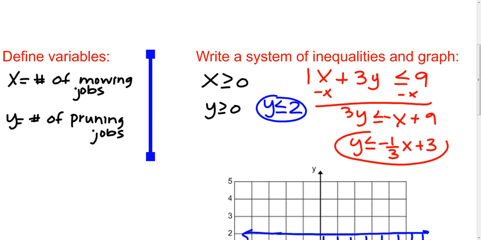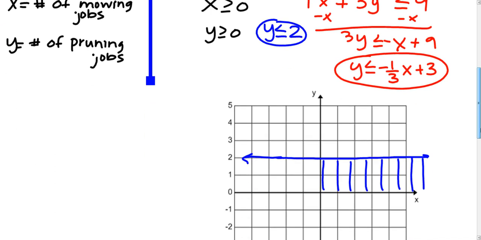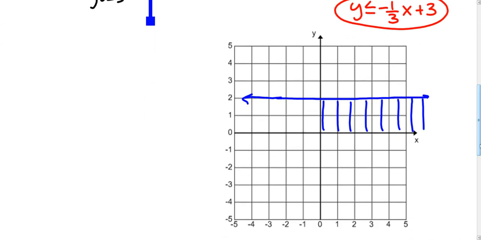Okay, so here's that equation. So now I'll go ahead and graph that one. That one has a y-intercept of 3 and a slope of negative 1/3, which means I go down 1, right 3, down 1, right 3, and this is kind of running off the graph. I apologize for that. Down 1, right 3, way over there.